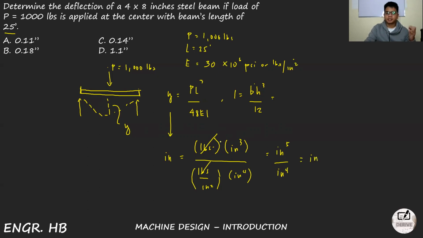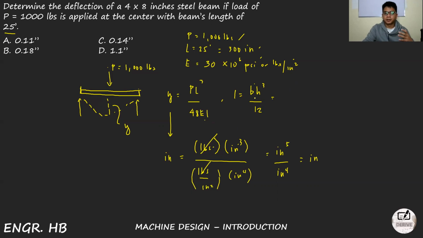So P needs to be in pounds, which is correct. The length needs to be in inches, so let's convert 25 feet to inches: 25 times 12, which is 300 inches. The modulus of elasticity should be in pounds per inch squared, which is correct here. Correct for length. And our I should be inches raised to 4.